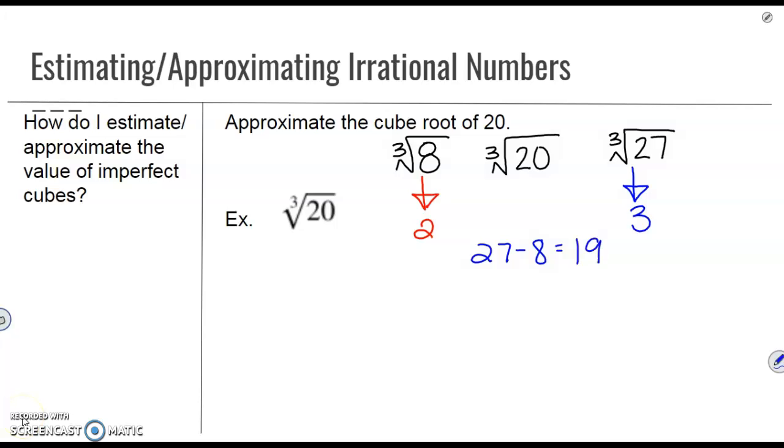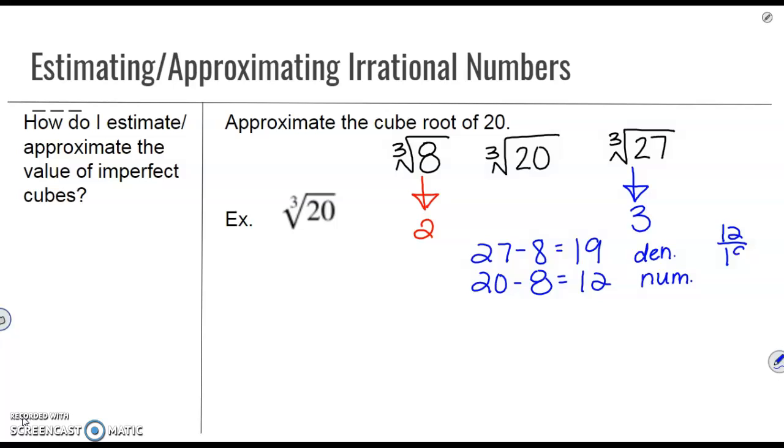This is 19. So 19 is the denominator of our fraction. Now we're going to subtract our lower perfect cube from our imperfect cube. So 20 minus 8 is 12, and that's our numerator.